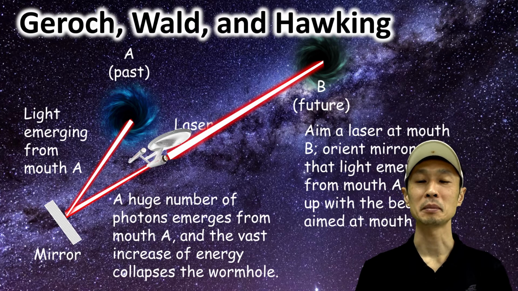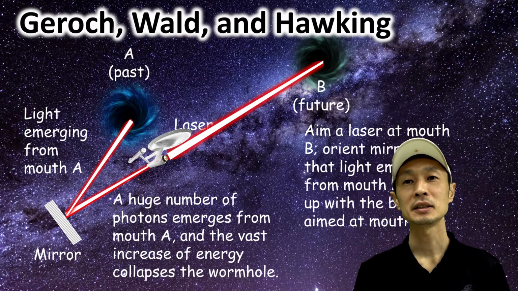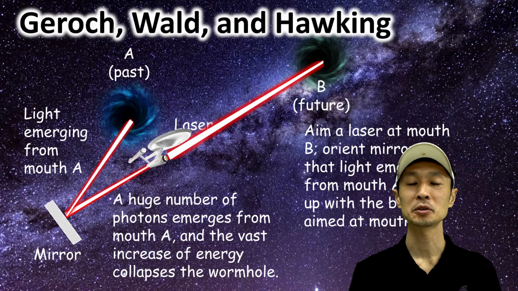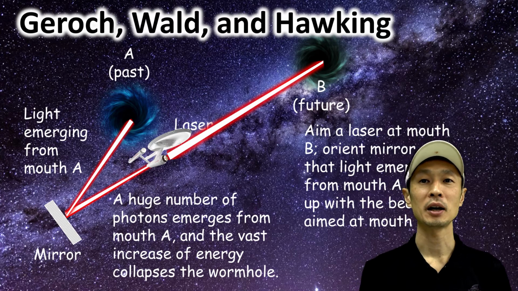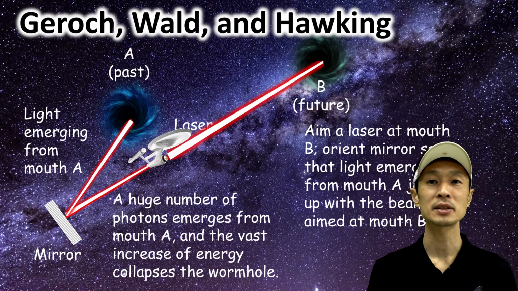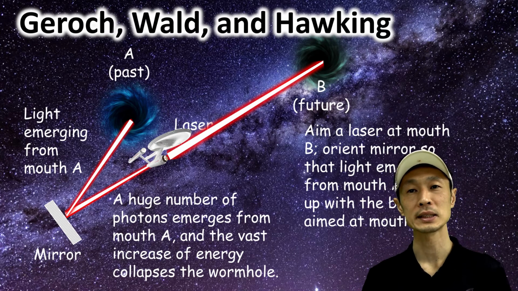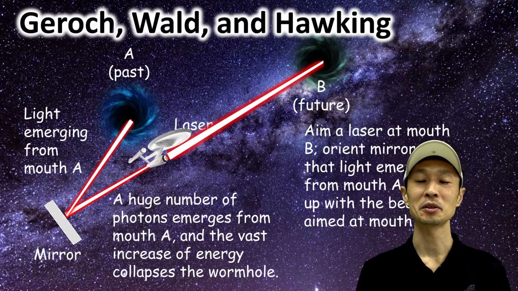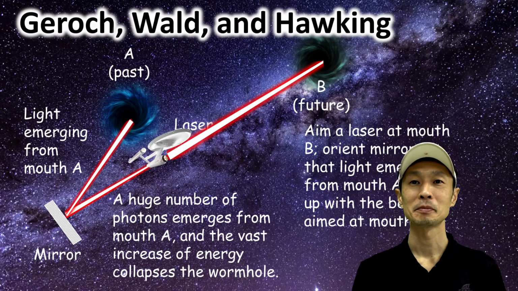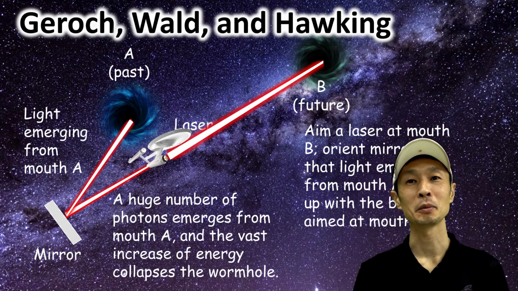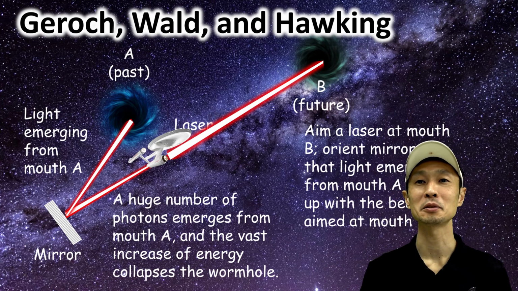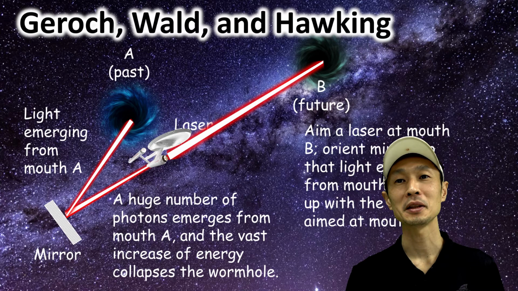So a wormhole can be easily destroyed, and this can happen in a very short time scale, as short as 10 to the minus 95 seconds. That's what Professor Hawking said. It seems very easy to destroy a wormhole. If we have an Olympic near a wormhole, it's a security nightmare to defend the wormhole, I believe.